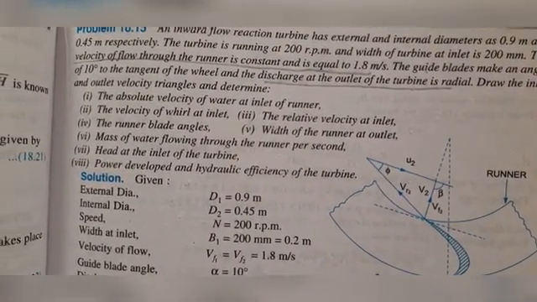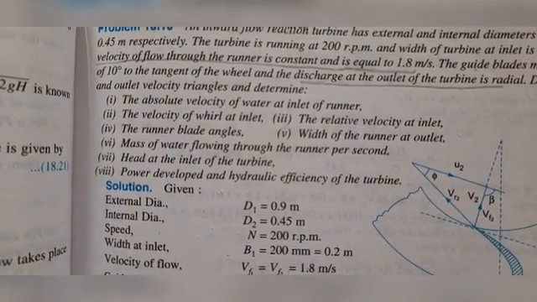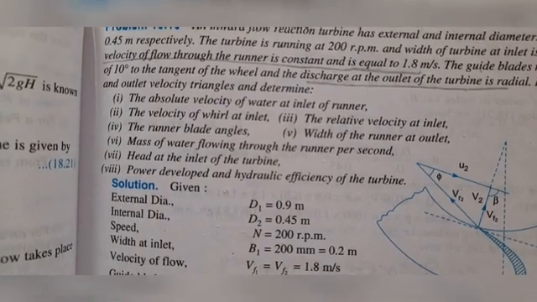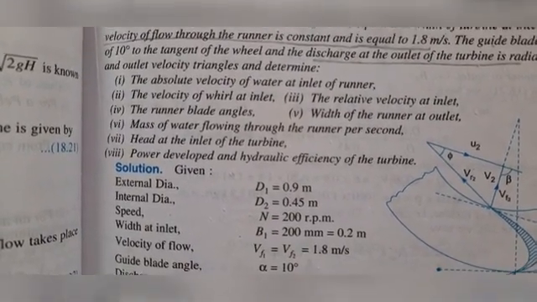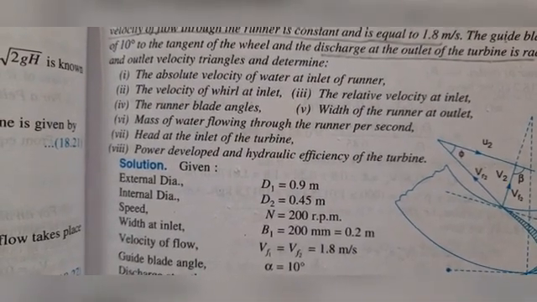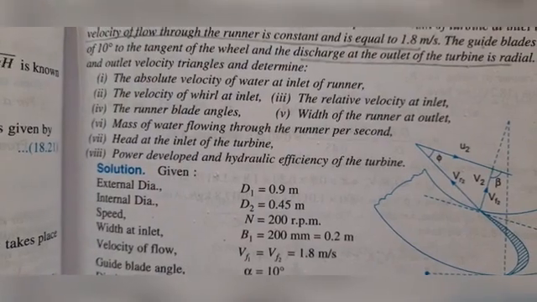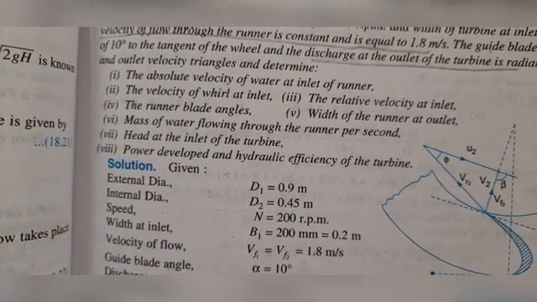First, the absolute velocity of water at inlet of runner. Second, the velocity of whirl at inlet. Third, the relative velocity at inlet. Fourth, the runner blade angle. Fifth, width of runner at outlet. Sixth, mass of water flowing through the runner per second.